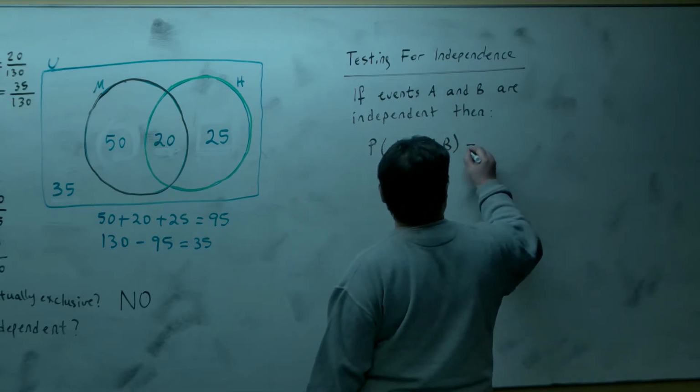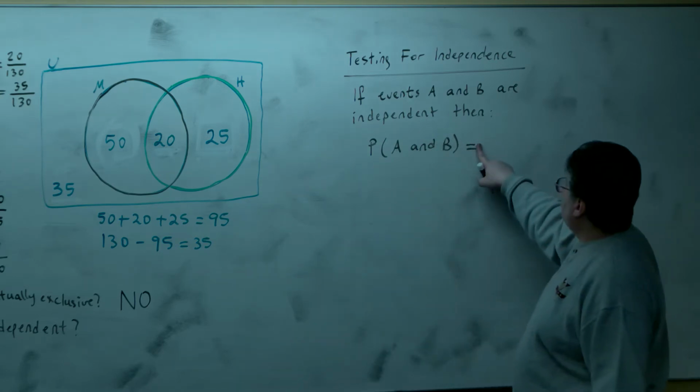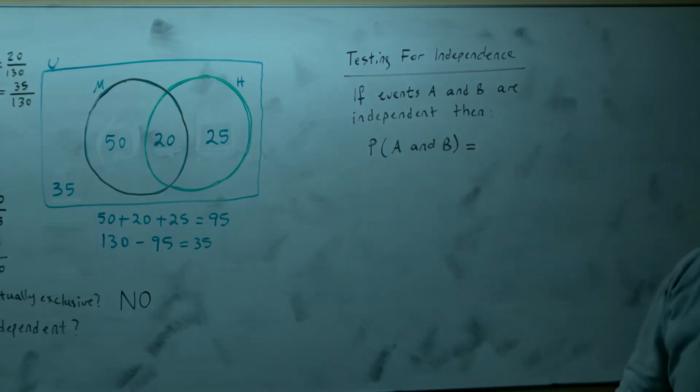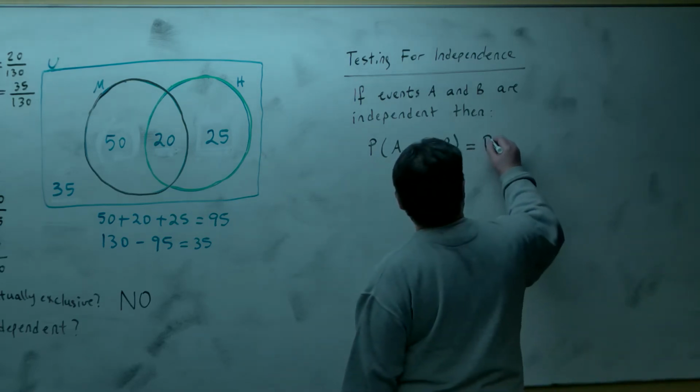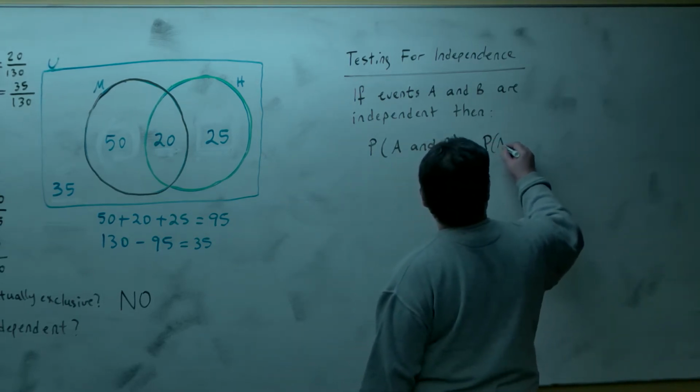The probability of those two events happening at the same time must be equal to the product of their probabilities.